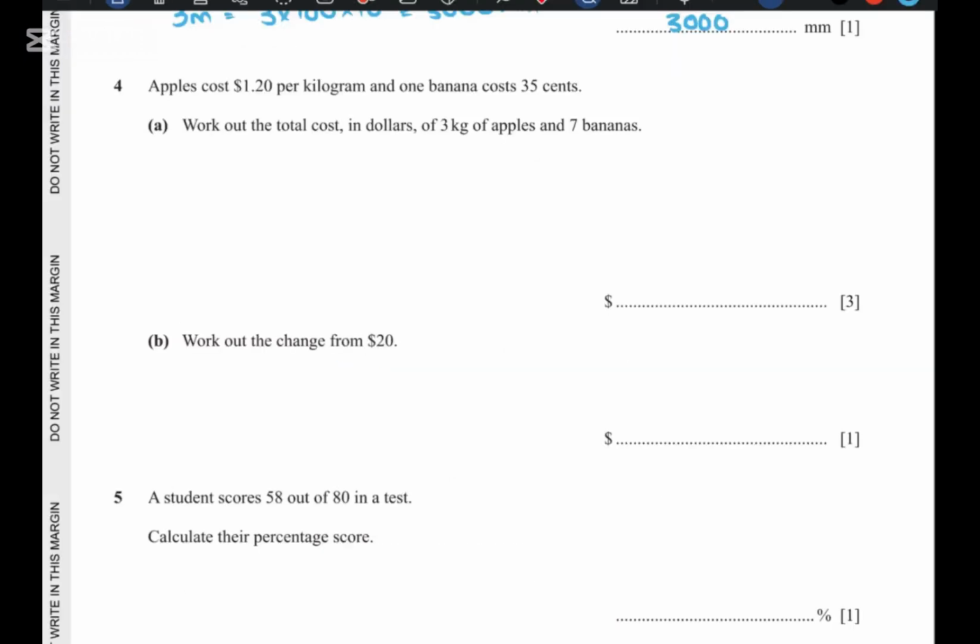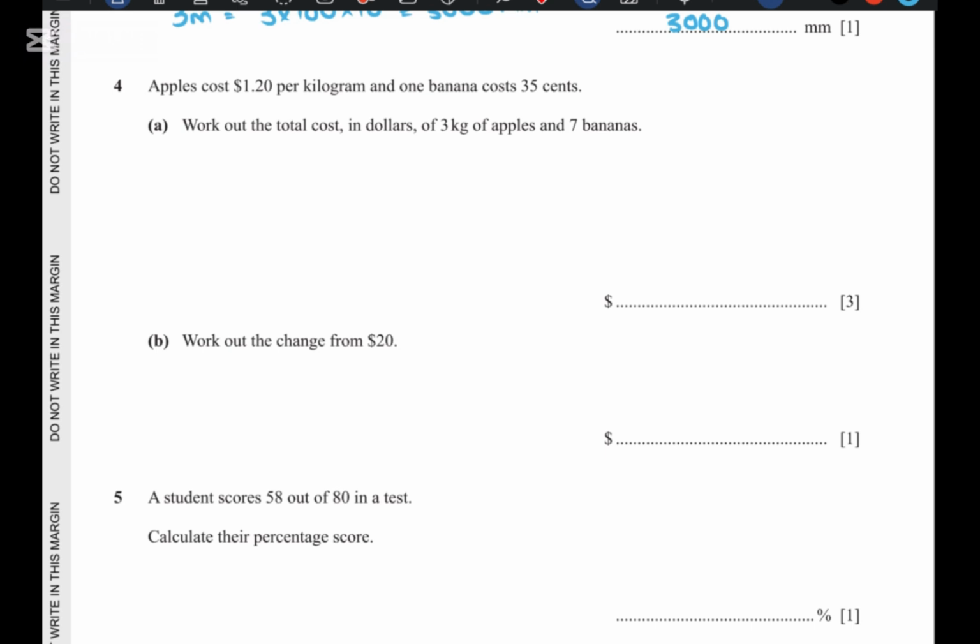Question number 4. Apples cost $1.20 per kilogram, and one banana costs 35 cents. Work out the total cost in dollars of 3 kg apples and 7 bananas. So here we have to find out the total cost.